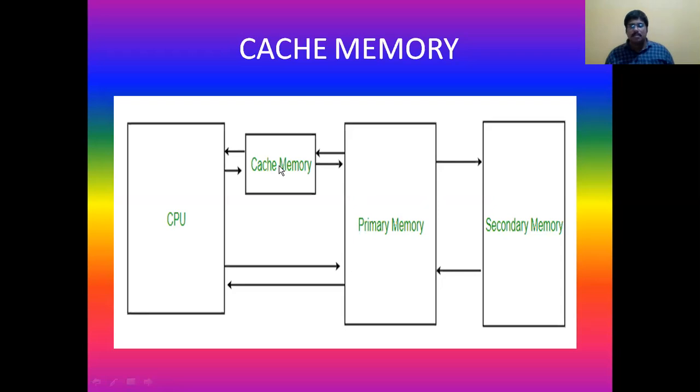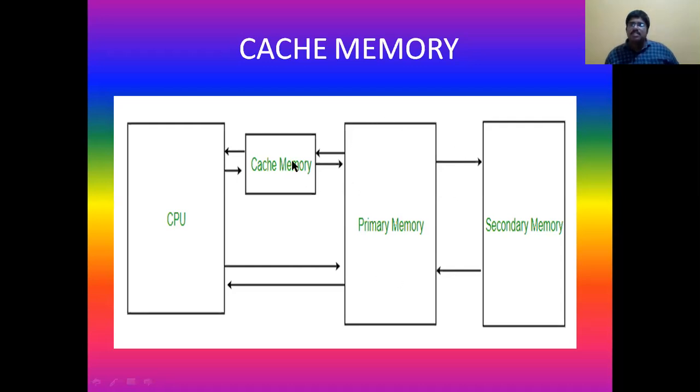What is meant by cache memory? Whatever information or data the user is accessing frequently will be stored in the cache memory, so that whenever the user wants that particular data, the processor need not search the entire primary memory.